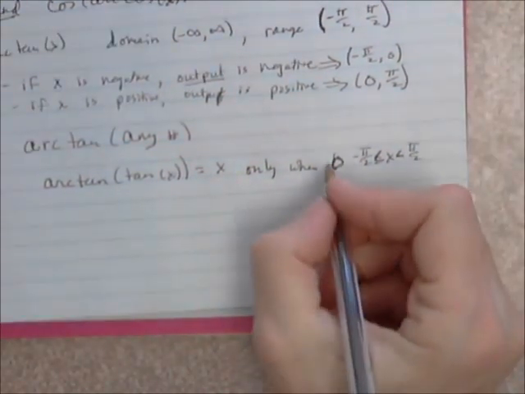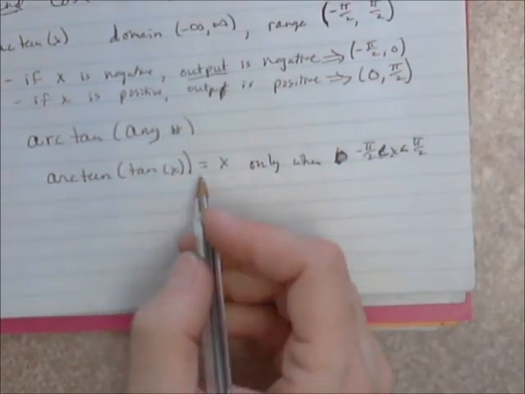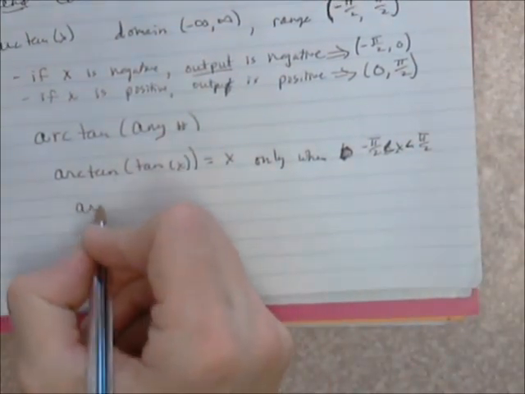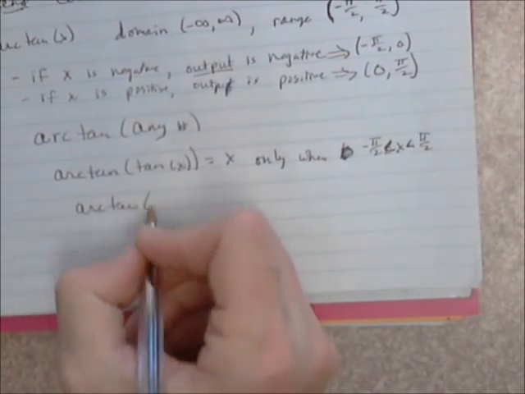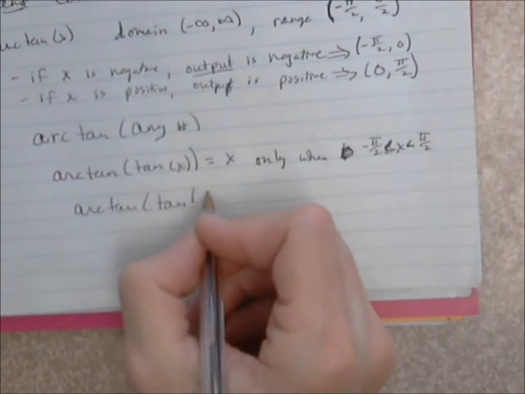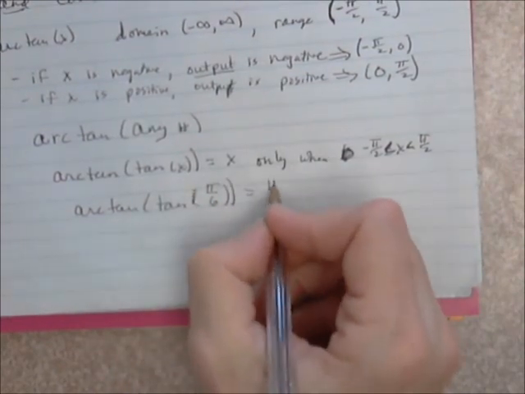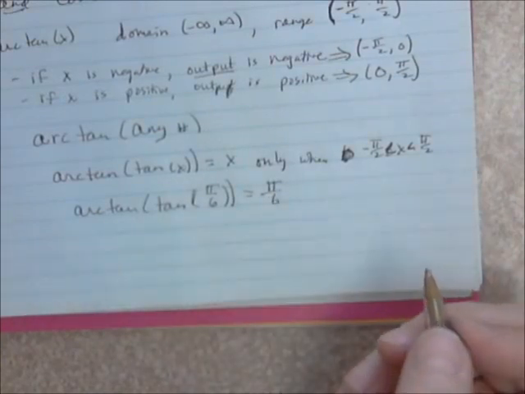You can't do an arc tangent of pi over 2, so excluding those. So if you do an arc tan of the tangent of, let's say, pi over 6, you're going to get pi over 6 as the result.